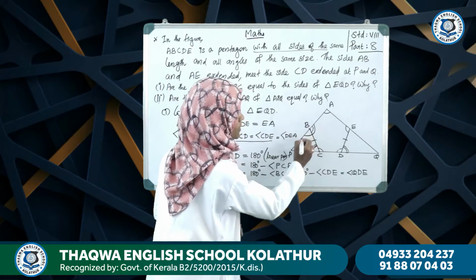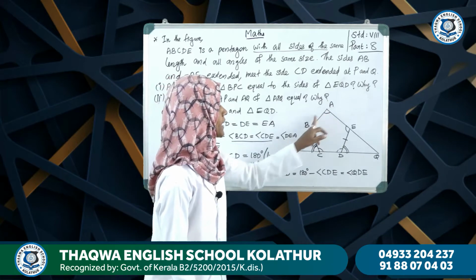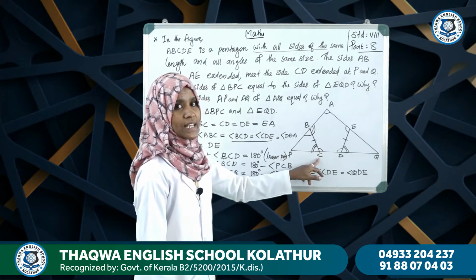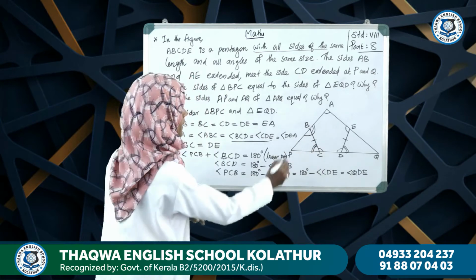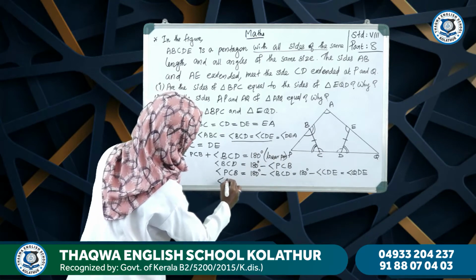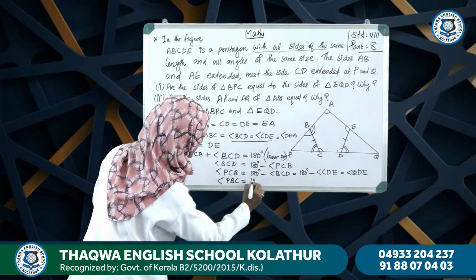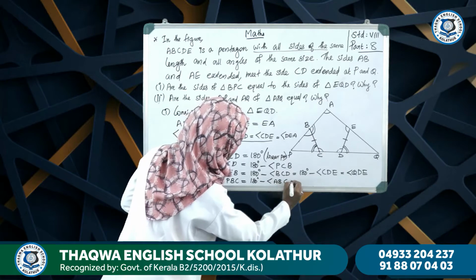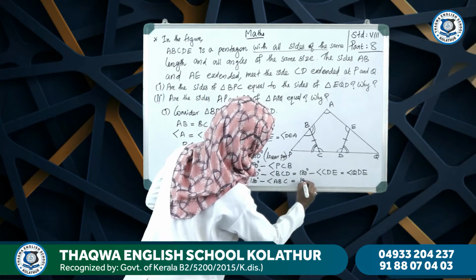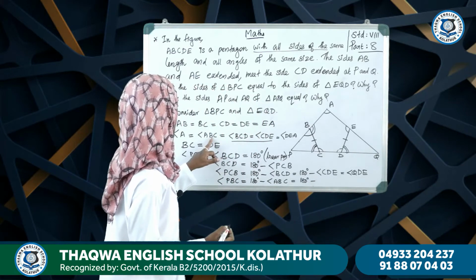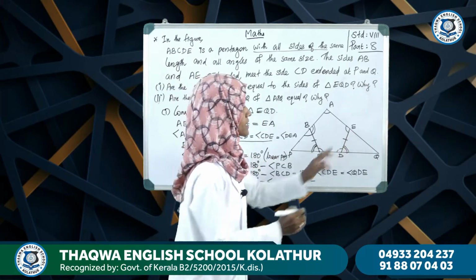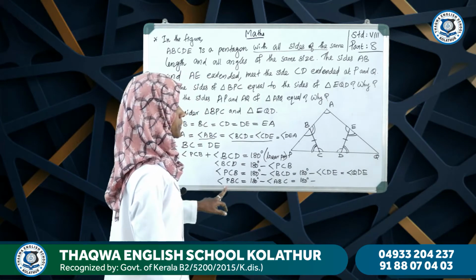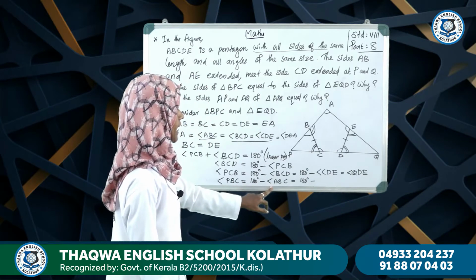The next, take these two pair. These angles also form a linear pair. Angle ABC plus angle PBC equals 180 degrees. Now we can write angle PBC equals 180 minus angle ABC.